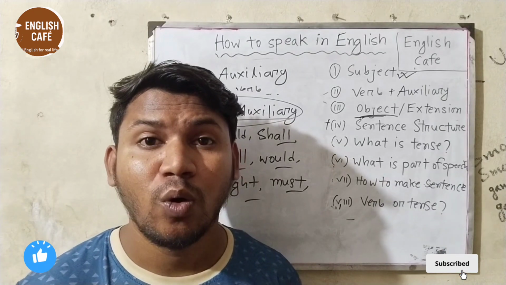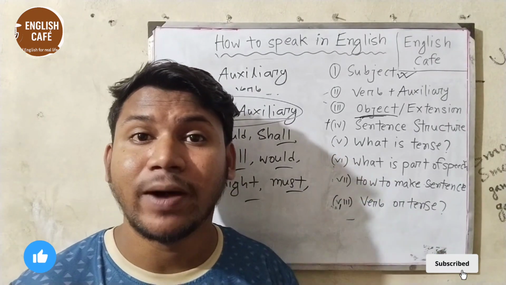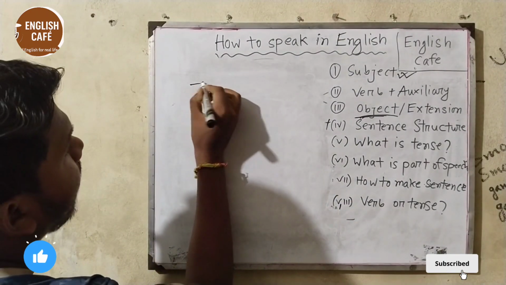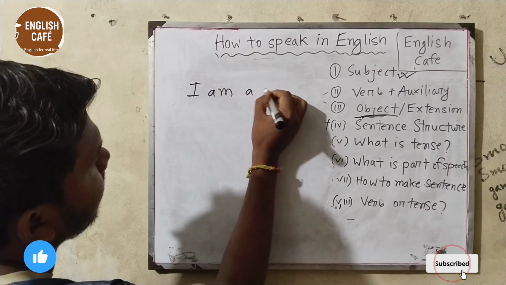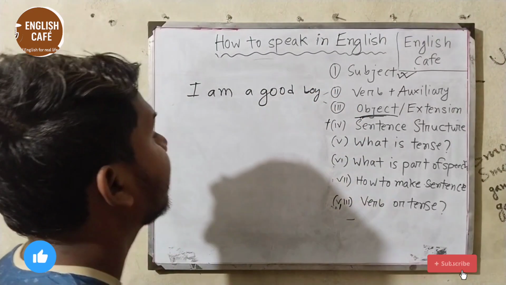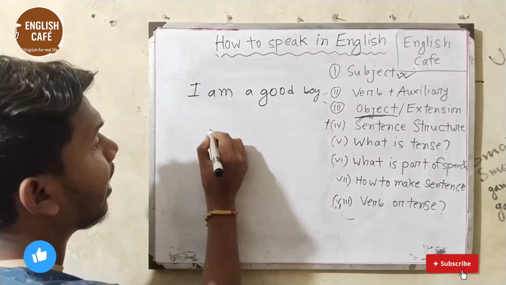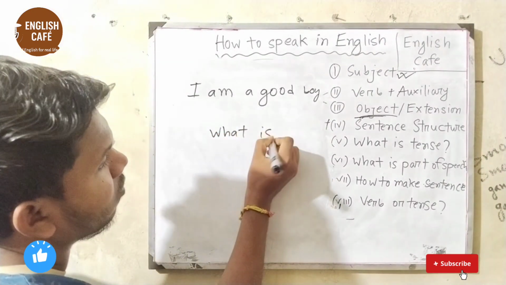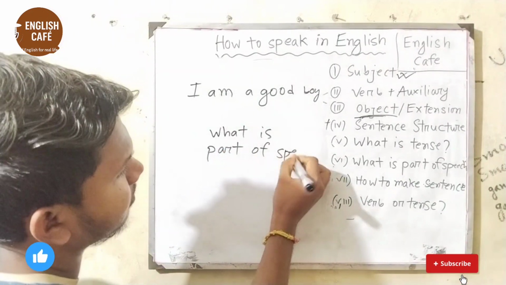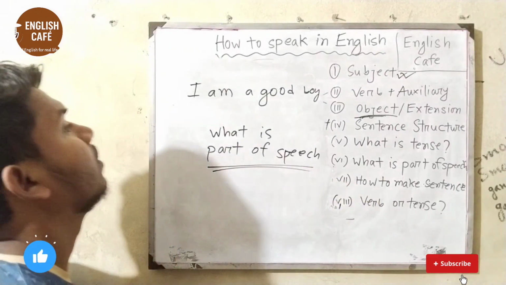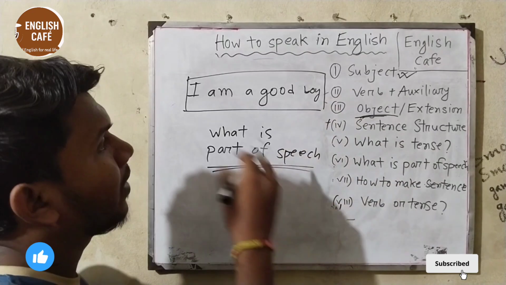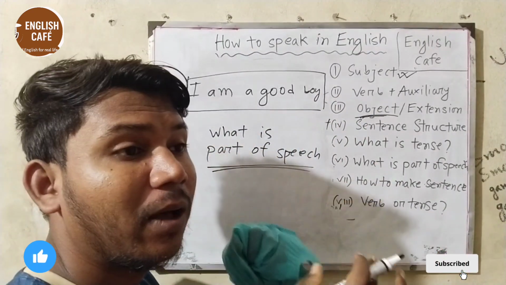Now we will try to know what is tense and what is part of speech. Okay? I'm going to write a sentence first. I am a good boy. Alright? So we will know what is part of speech. So in a sentence, every part present is called a part of speech.